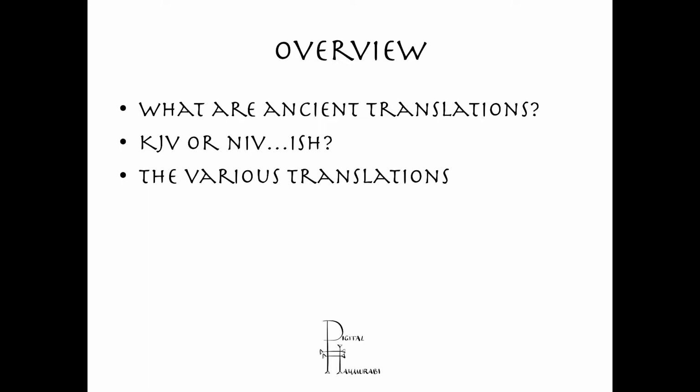Anyway, then point 3, the various translations. What are they? Then what we're going to do this week is look at the actual translations a day at a time so that we can kind of get an idea. The Septuagint might take more than one daily data, I'm not sure. But anyhow, that's what we're going to do. Take them one at a time so that we can understand the individual sources.